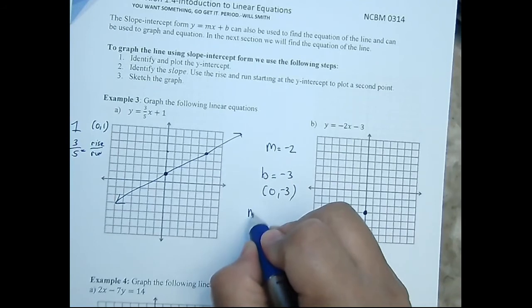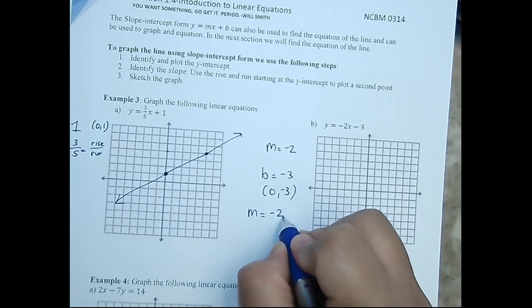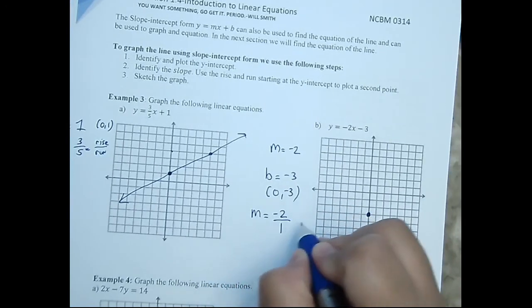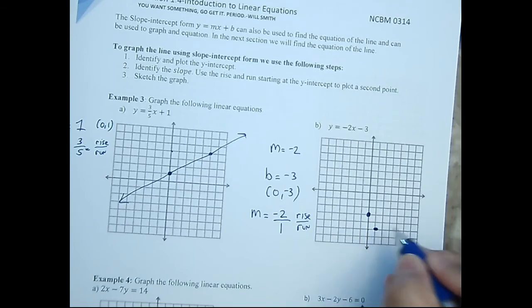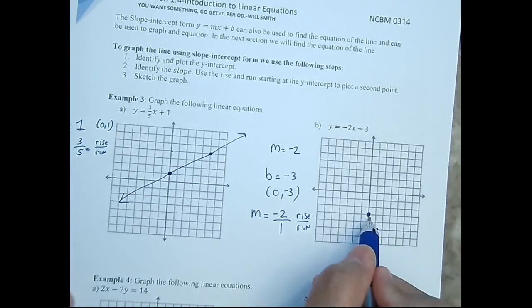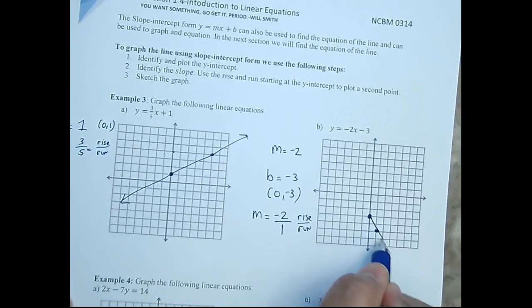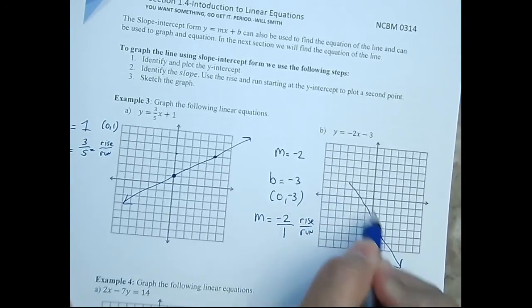And our slope is -2. We can write a 1 below it. And this would be your rise and your run. So from this point, we can go down 2, 1, 2, and to the right 1. So we can graph our line by connecting the points.